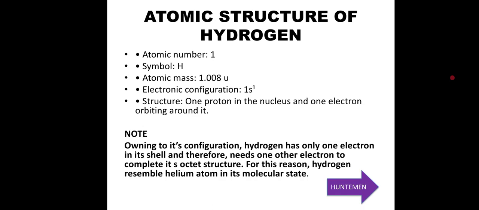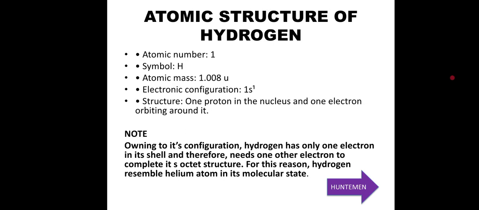All right. Atomic structure of hydrogen. The atom of hydrogen comprises of one electron, and for an atom to be neutral, the number of protons must equal the number of electrons, and atomic number is the number of protons. That means an atom of hydrogen has atomic number one, which is the same thing as its number of electrons.